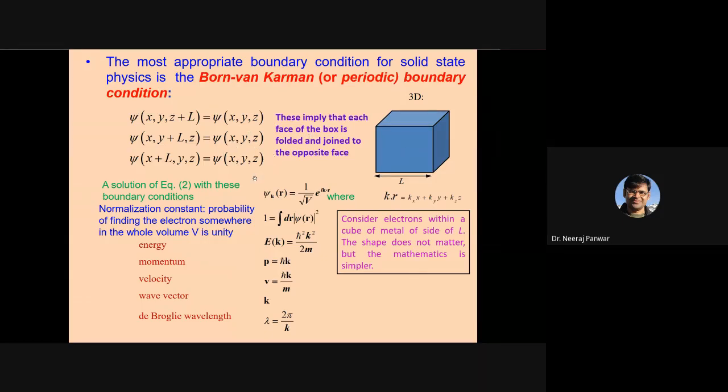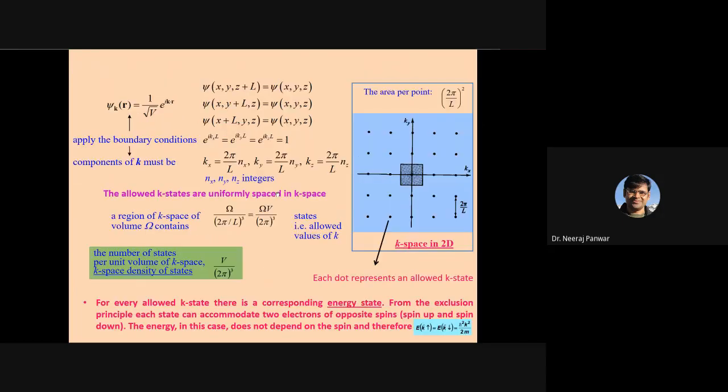When we apply them, we get this type of wave function for the electron. And then we generated the k space. This is the k space in 2 dimensions, and we can see that the periodic boundary condition ensures that kx, ky, and kz have discrete values, or we can say they are quantized, because they have nx, ny, and nz in their expressions.